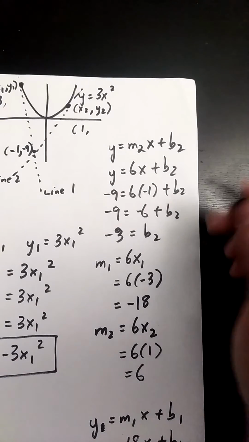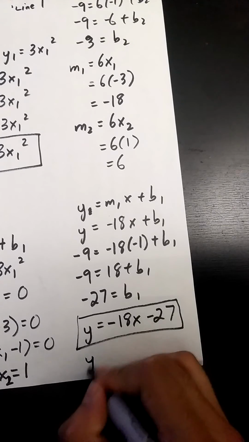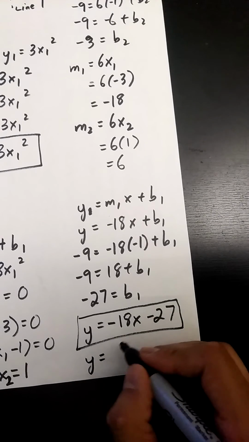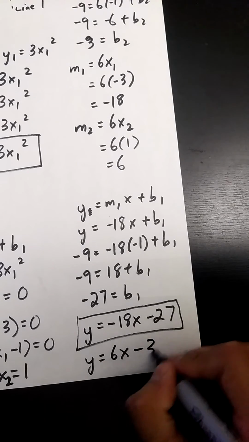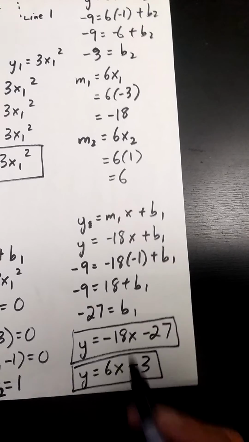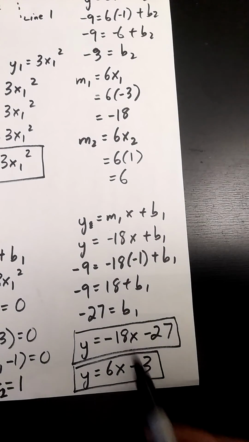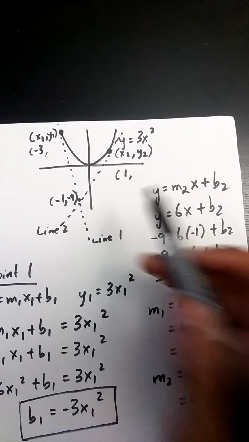Found my y-intercept. I know my m2 is equal to 6. So my equation for my second line is y equals 6x minus 3. Now I found the equations of the two tangent lines to the function y equals 3x squared that intersect at the point -1, -9.